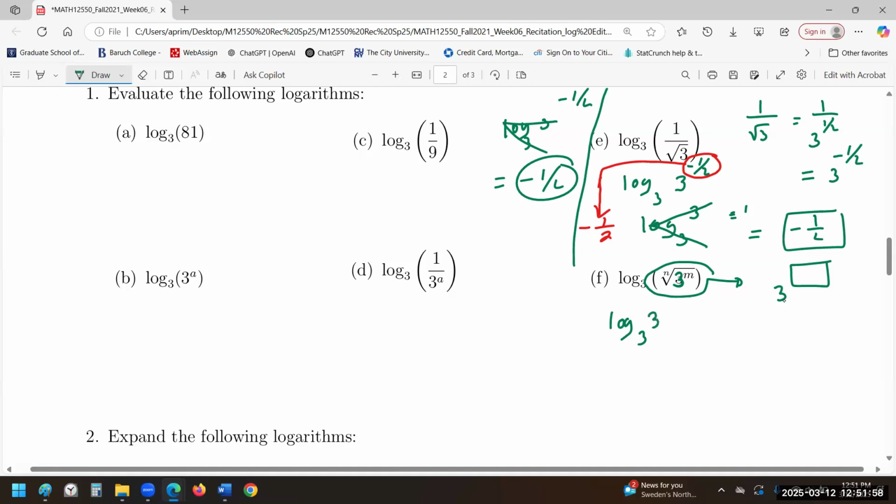So log base 3, how can you rewrite the nth root of 3 to the power m? Do you remember from your algebra exponent rules? If you have a radical and an exponent at the same time, how do you convert them into exponents? We have the nth root of the m power.